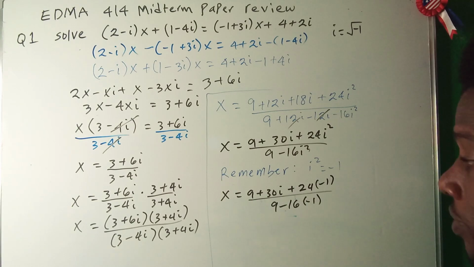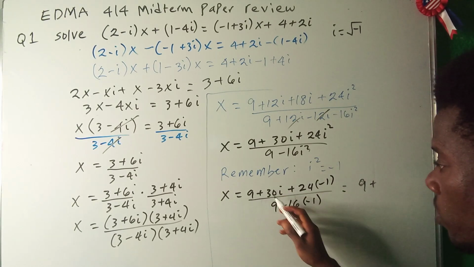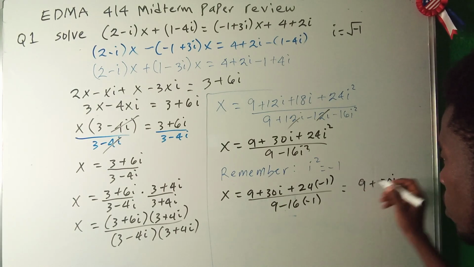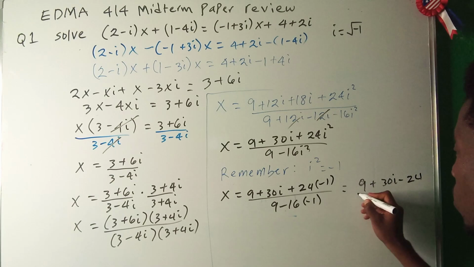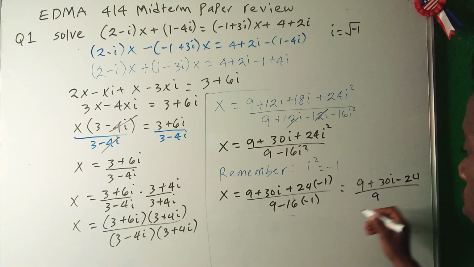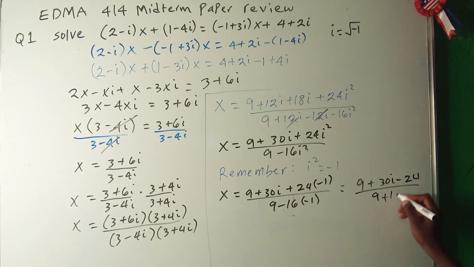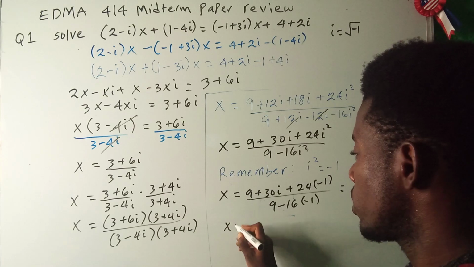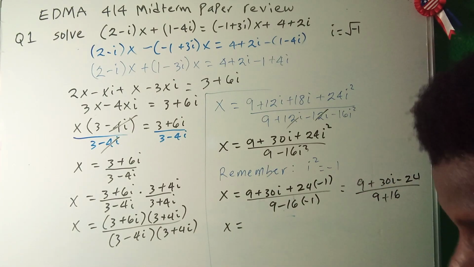So let's simplify this. 9 plus 30i, 24 times negative 1, that's negative 24, all divided by 9, negative 16 times negative 1, that's positive 16. And then we have x is equal to, so we simplify it, 9 minus 24.